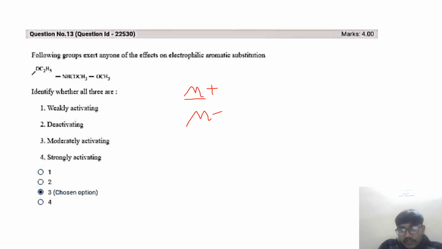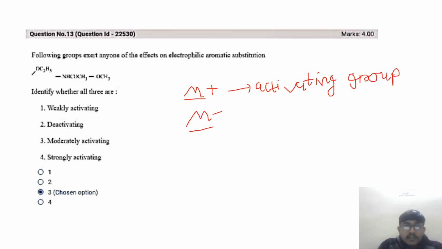M plus groups are called activating groups, and M minus groups are known as deactivating groups.